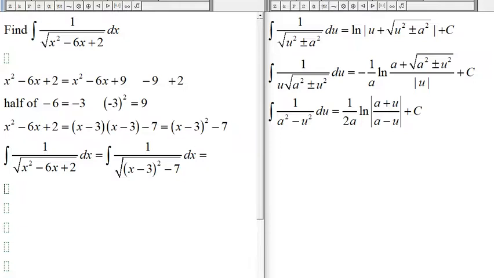And so right here, what we can do is let u squared be the x minus 3 squared, and then take the square root of both sides. We'll get u to be x minus 3. And then we also need the du dx.